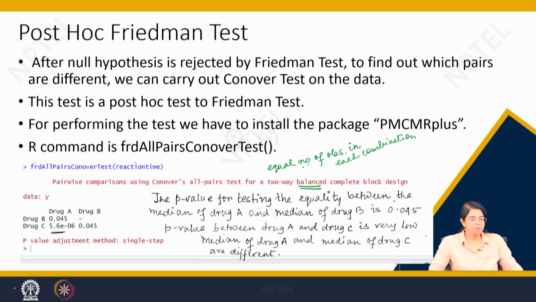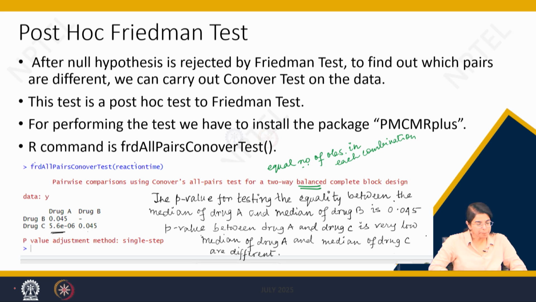The conclusion depends on what alpha you are setting. If you are setting your alpha at 0.01, then your conclusion will be a little different. And if you are setting your alpha as 0.05, then your conclusion will be another.